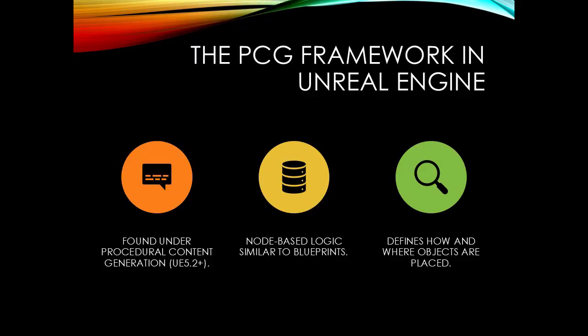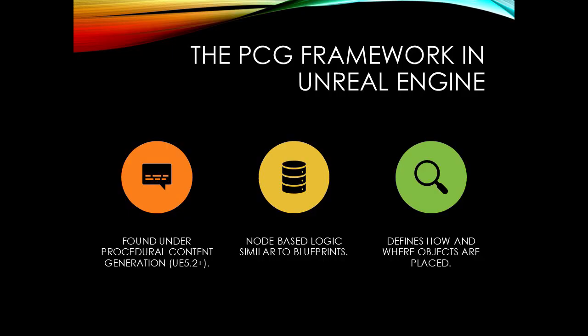It is a node-based system designed specifically for procedural content. It works similarly to Blueprints. You use nodes to control logic, flow, and data. The difference is that PCG Graph focuses entirely on generating things in the world: meshes, actors, splines, even data. A PCG component can be attached to any actor in the scene.